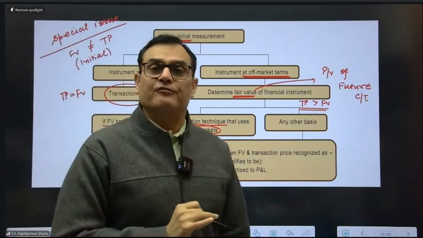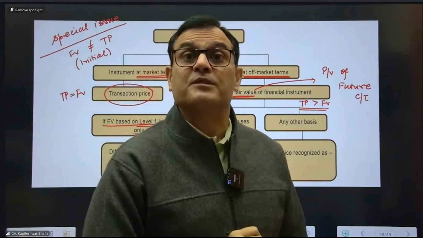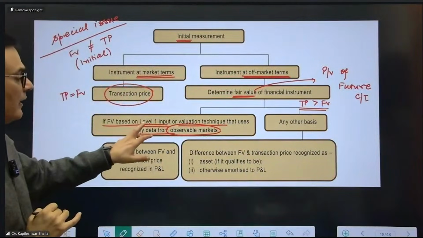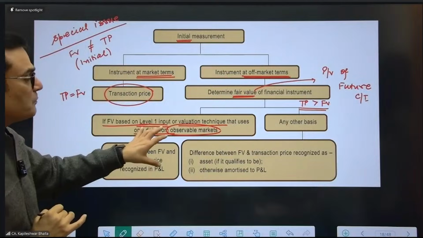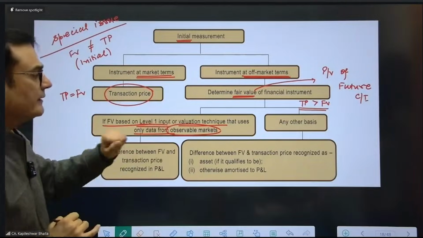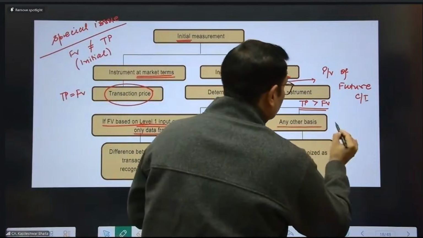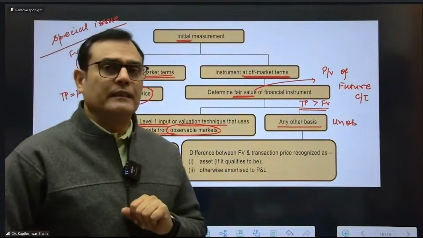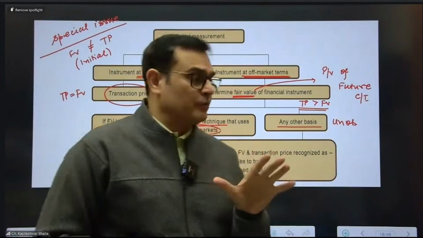So I would say, if the fair valuation is based on observable data, that is 1. Any other basis would mean that it is unobservable data. And accordingly, the accounting treatment will follow.